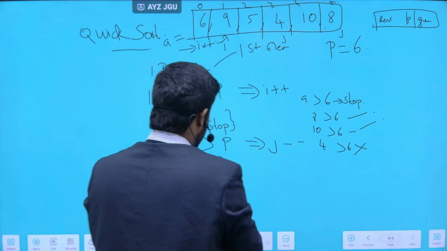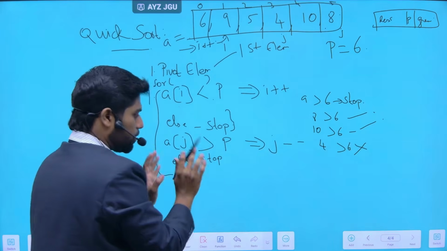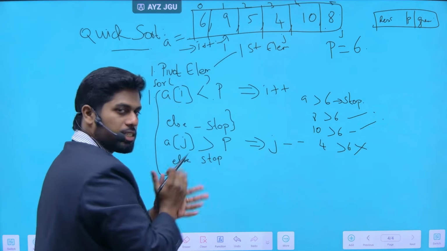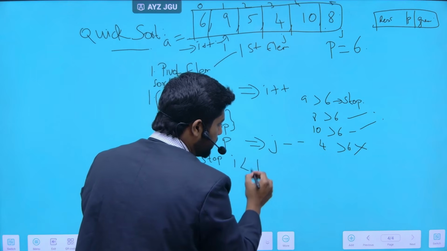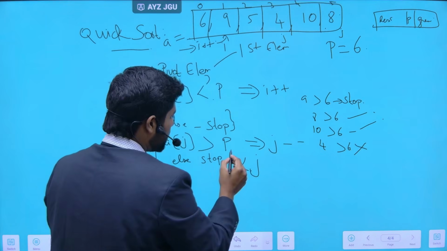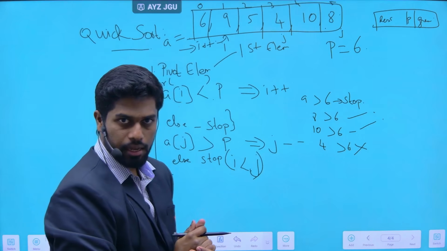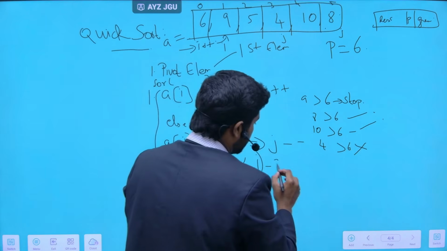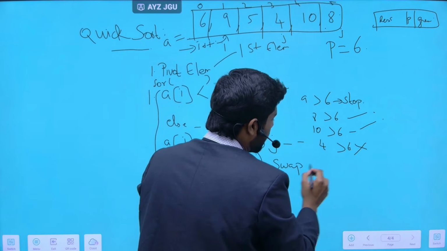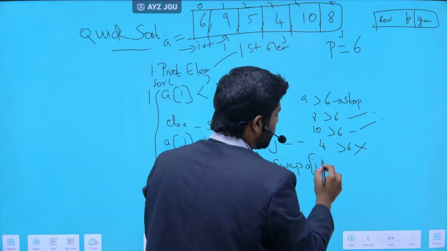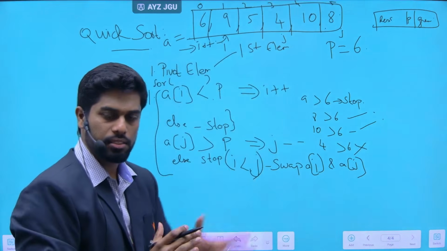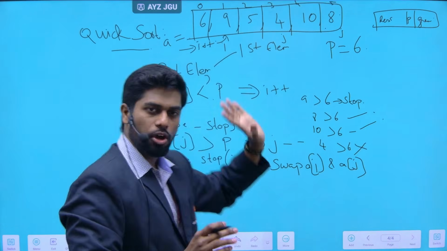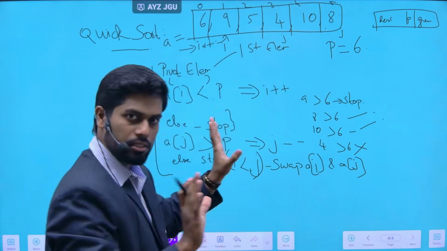When I is stopped and J is stopped, and one more condition, I must be less than J, then swap A of I and A of J. The swapping procedure is just normal swapping as we see in a C program.